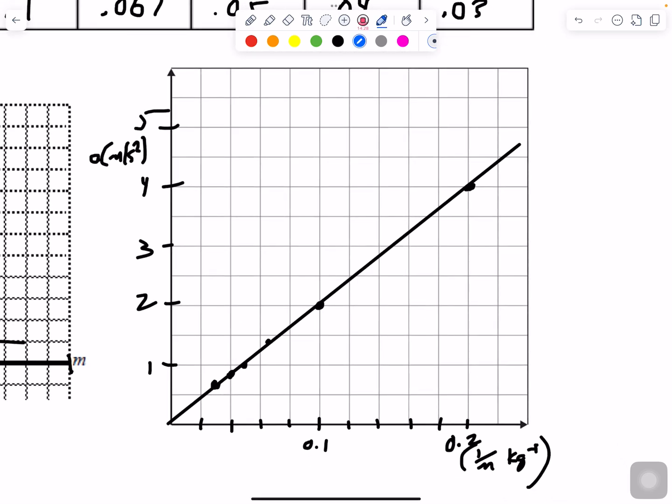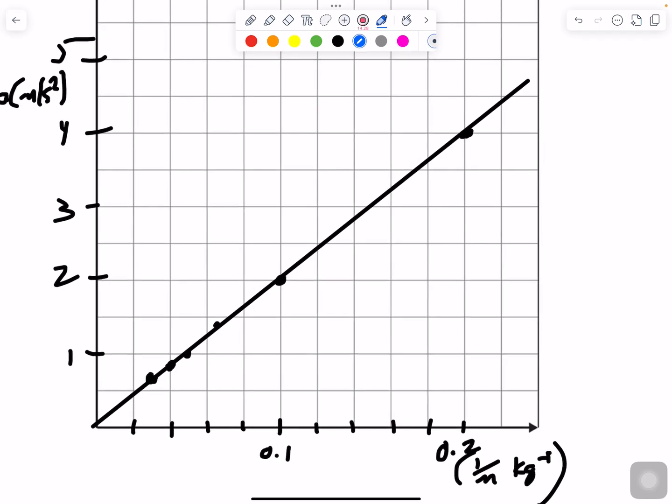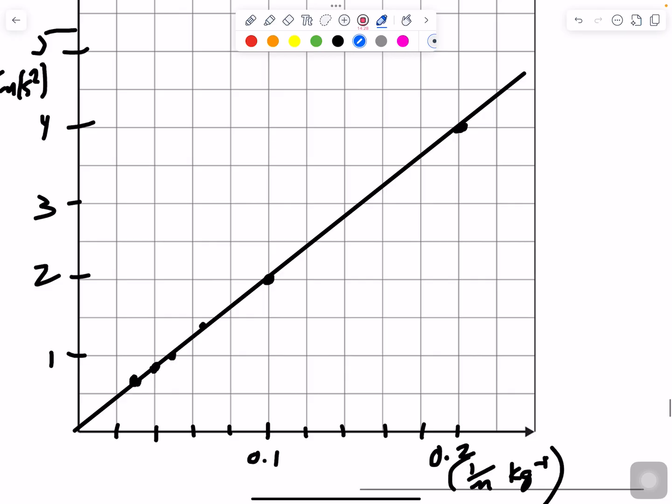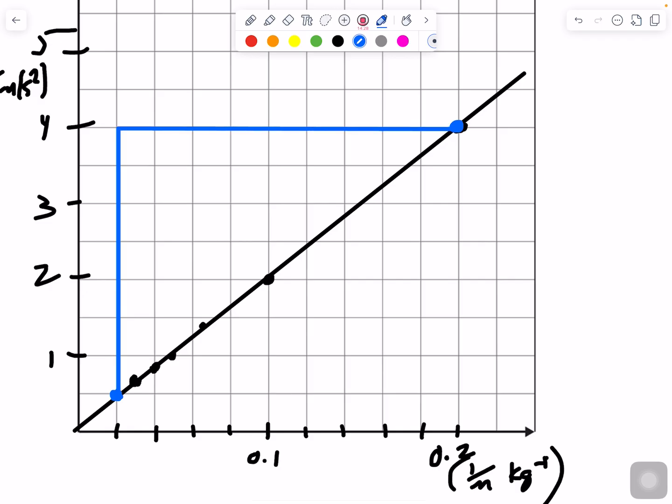So go ahead and find 2 nice convenient points. I like this point here, and this point is pretty close, but it's not exact. I like this point up here too. So I'm gonna make a slope triangle, go up, go over. My rise is what? 1, 2, 3.5.